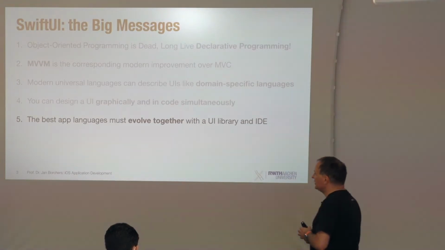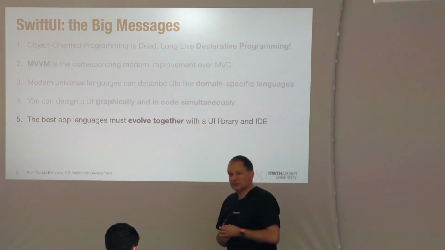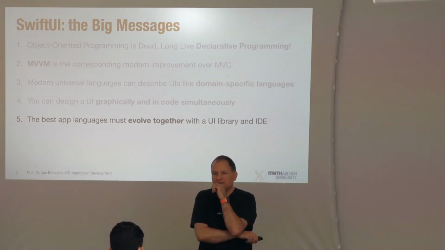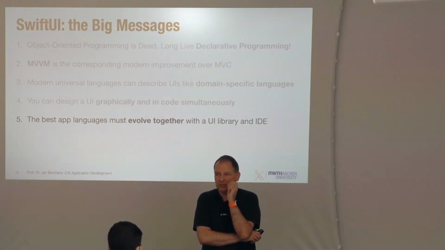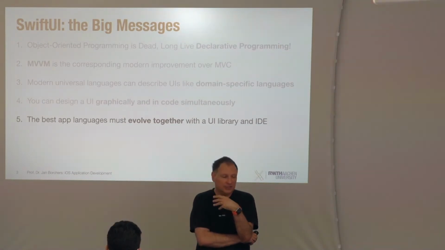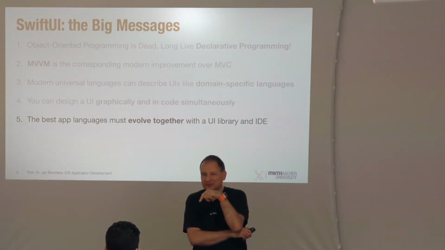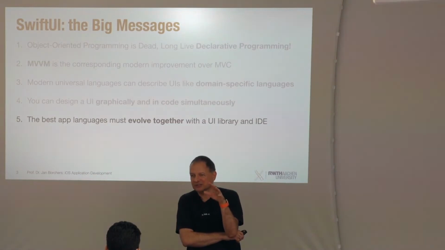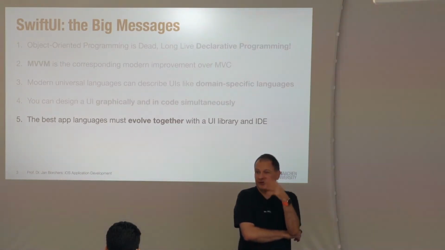And finally, I think what you will see from SwiftUI is that if you really want a language to be high performance, and by high performance I don't mean just that it has to run fast, I mean mostly that it has to be fast to develop with. Because that's the big expense, to pay people like you, who are going to make a ton of money as developers, maybe. So development time is expensive.